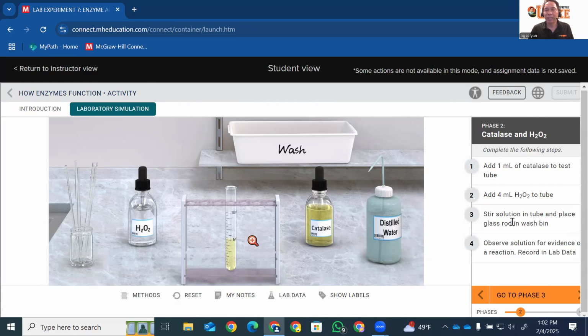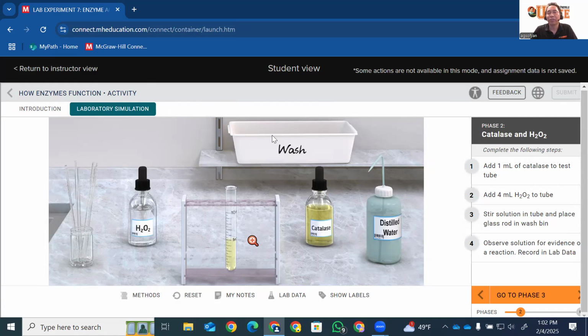Next, stir the tube with the glass rod. The glass rod is this one. Take one of these, put it inside, click it, and it will stir. Then finish and push it into the wash bin over here. Put it in the trash bin, don't put it back.